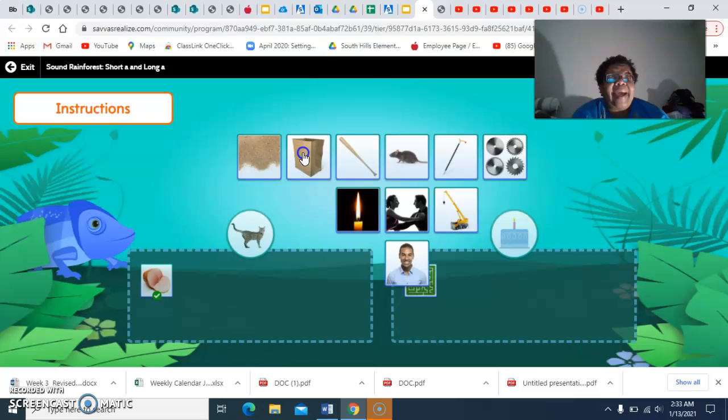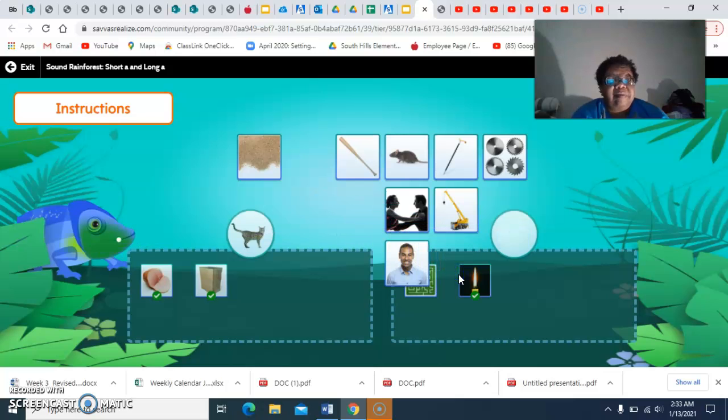A bag goes there. This one's flame. And earlier, man. Then we have and.